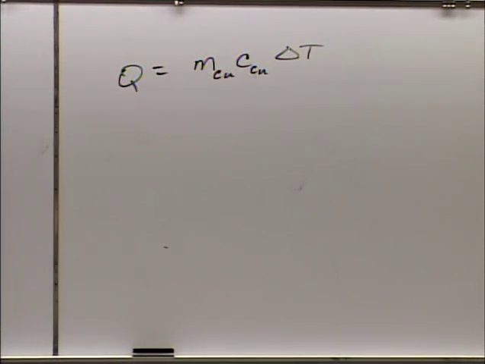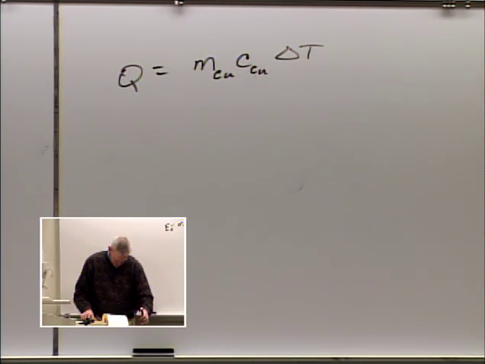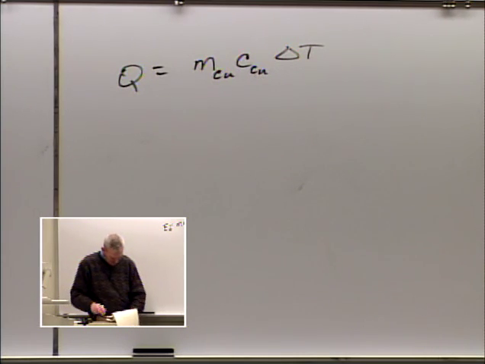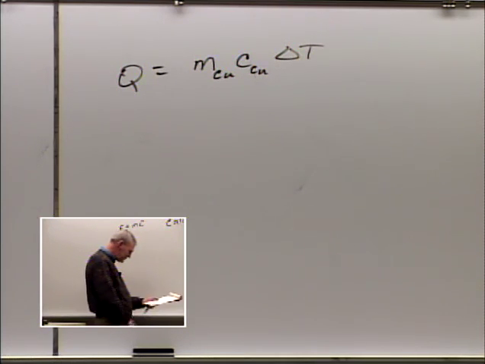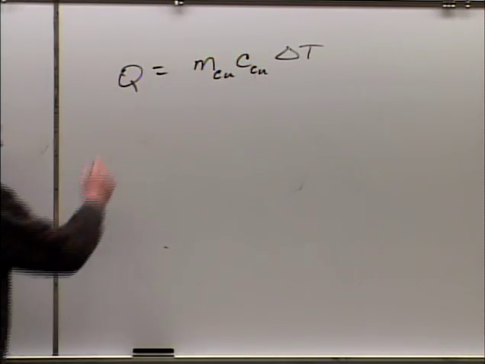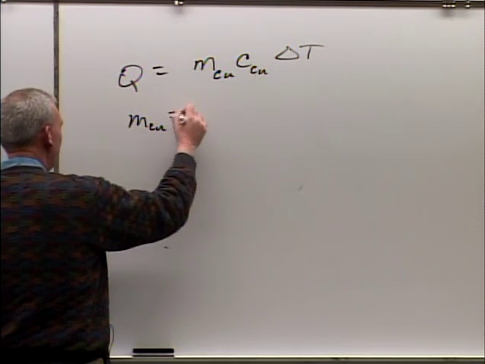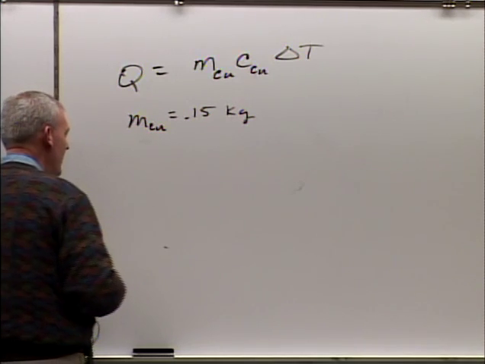Okay? And here's our problem. We're going to find the C of copper, and we'll take the mass of the copper is equal to 0.15 kilograms. Okay?